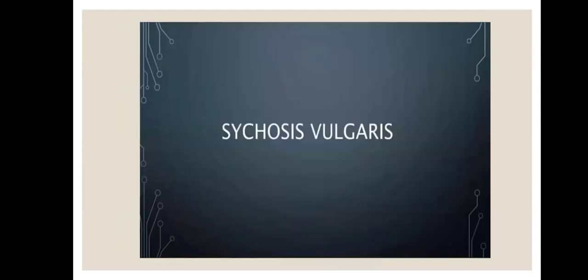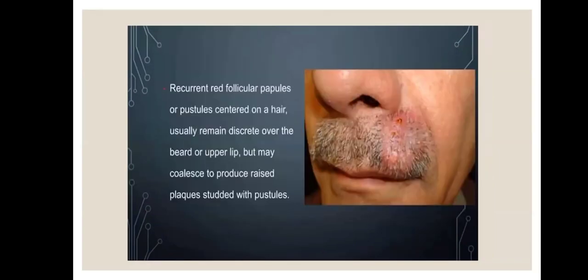And sycosis vulgaris is another condition, because on the hair follicles recurrent infections come, and it forms raised plaques with more pustules in the particular area. Sometimes we may be confused with some of the fungal infections, but ask for the history and just see the margin.